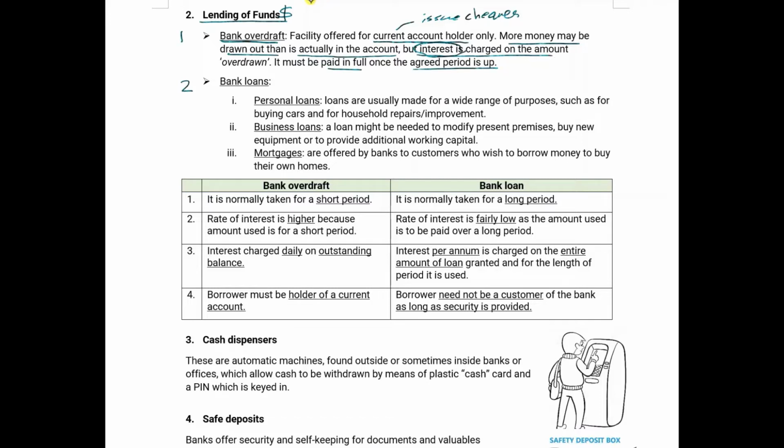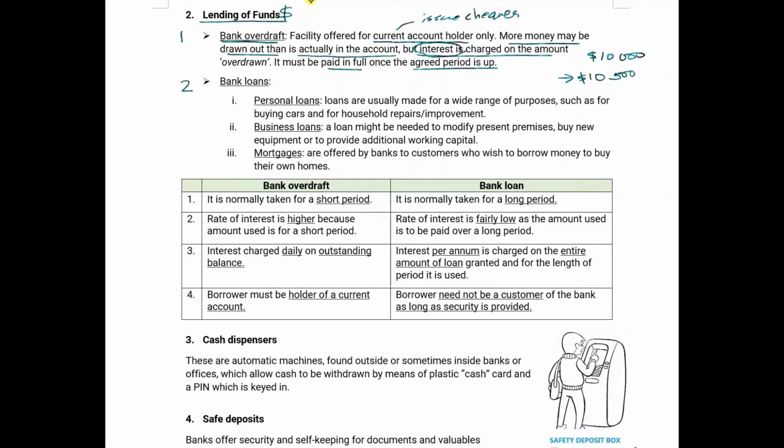For example, they give you a deadline, you have to pay in 1 month. So for example, in your current account you have 10,000. But if you have this bank overdraft facility, and you issue a check for 10,500, you are still able to do so.